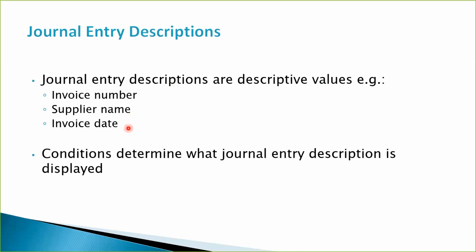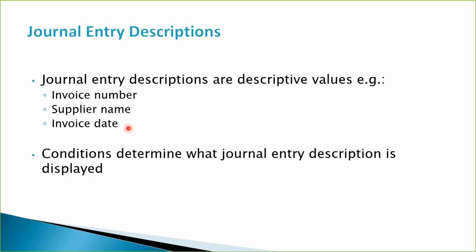As we are going to see when we start doing the practical part on the instance, when we are defining this logic for the journal entry descriptions, some of the values we enter are constant and some of the values we enter are derived from the source. So what do I mean?